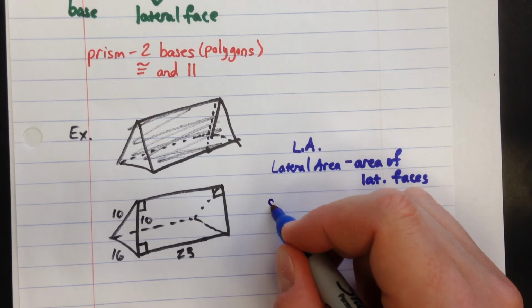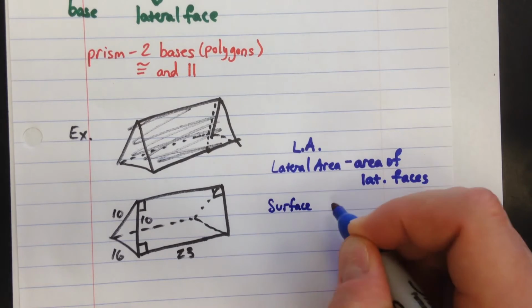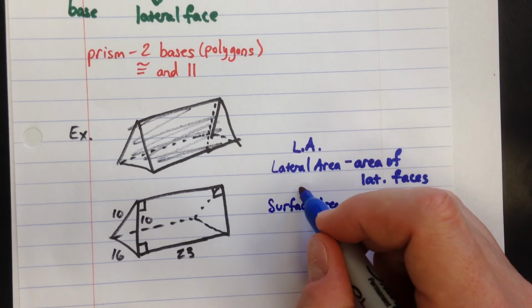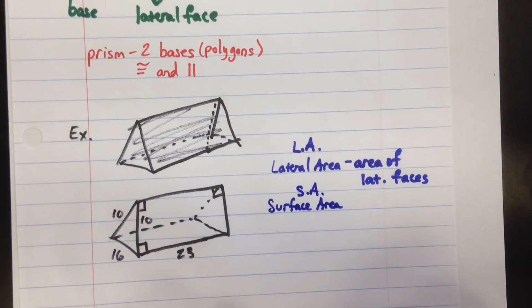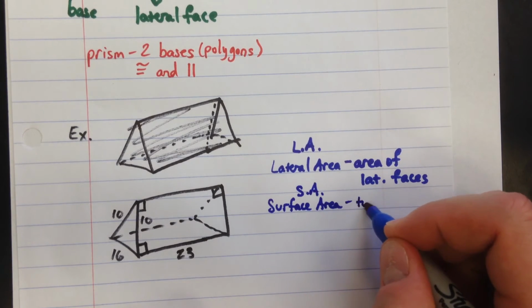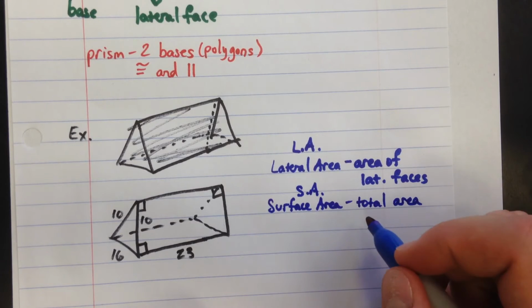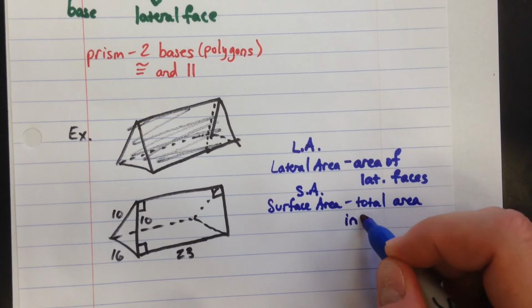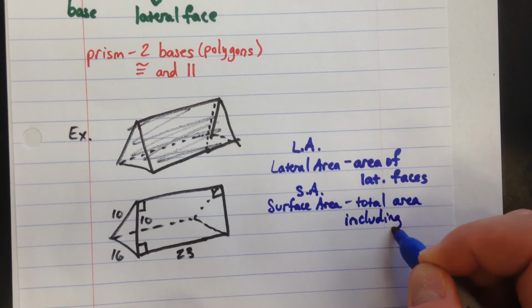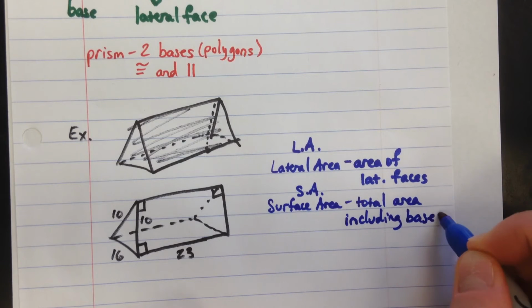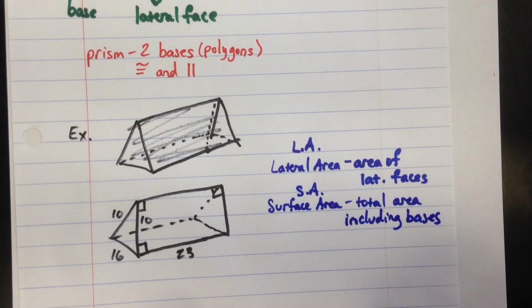We can also try to find surface area, which we'll abbreviate SA. Surface area is the total area, including the bases. So it's the lateral area plus we include the bases.